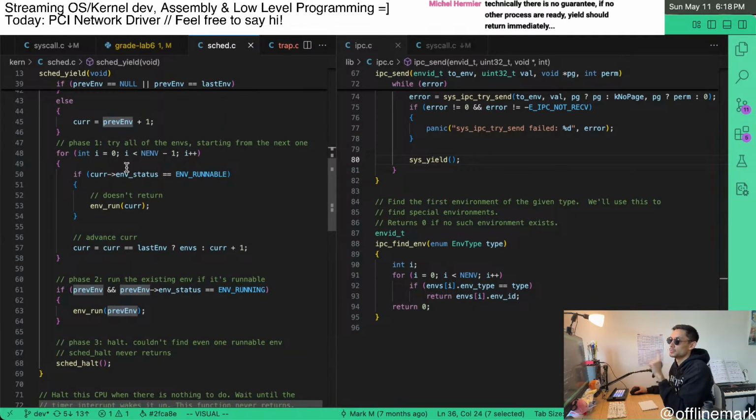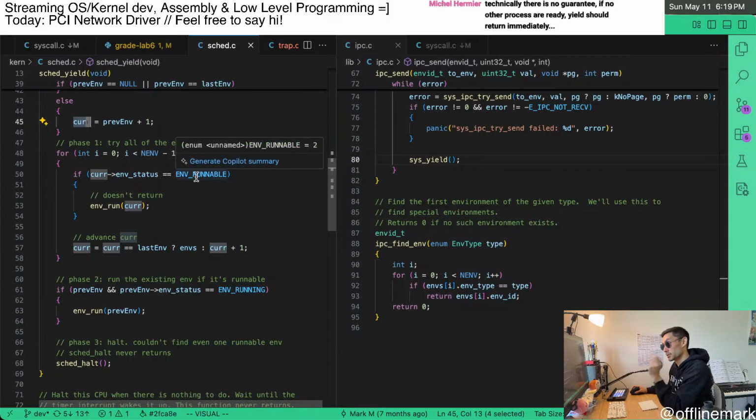We're looping over all the environments, and based on the current cursor, we see: are we runnable? If we're runnable, we just execute it. Otherwise, we advance through it and loop around this ring buffer kind of thing.